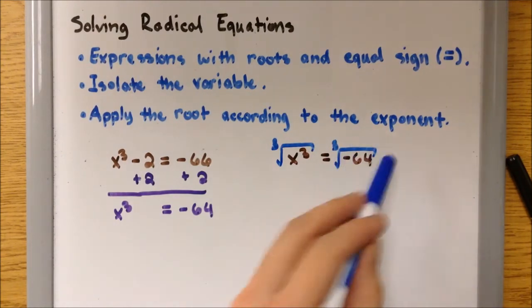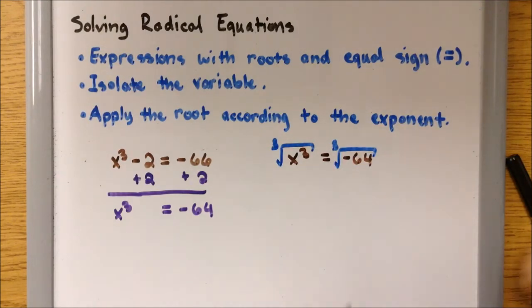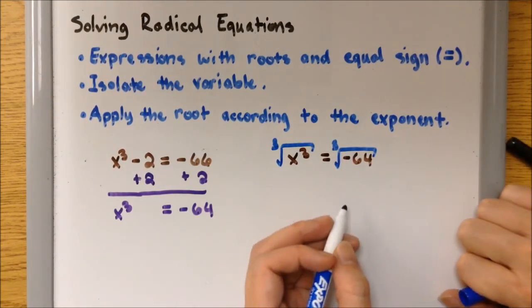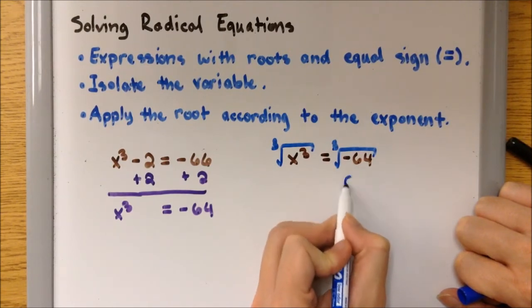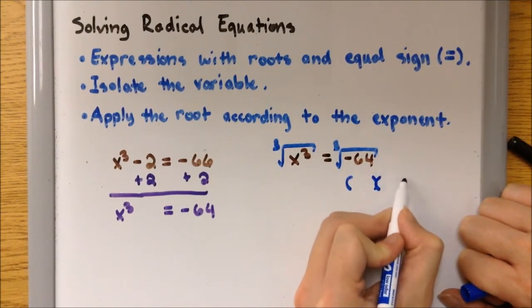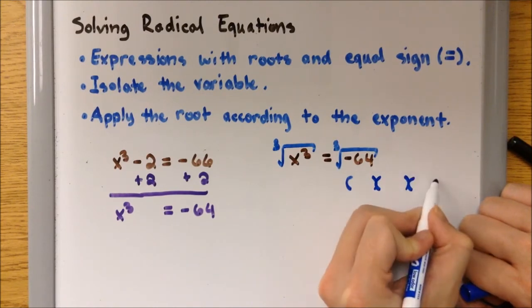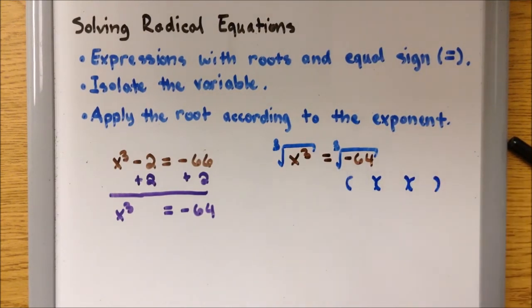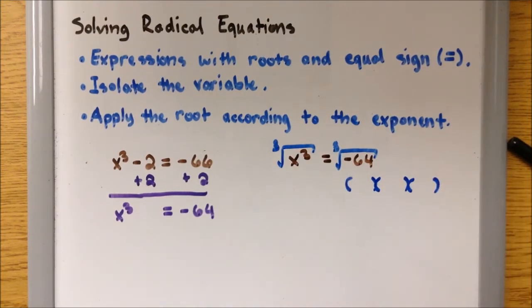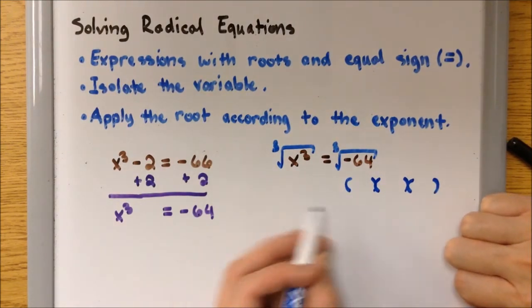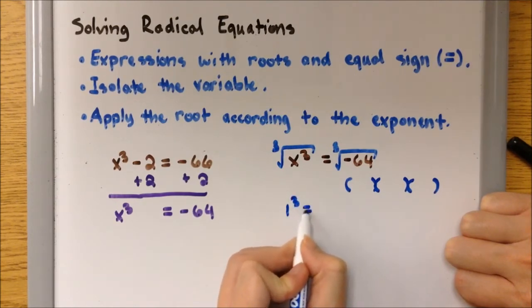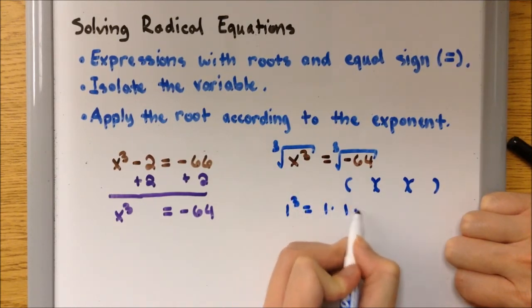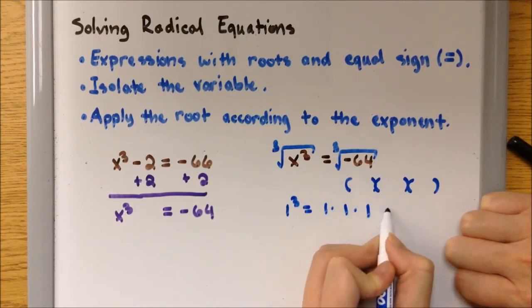So the third root of negative 64, basically, if I were to talk about the concept, it's asking what number times itself 3 times will give you negative 64. Well, if you're not sure, what you can do is try 1 to the third power. So if you do 1 times 1 times 1, that's simply 1.